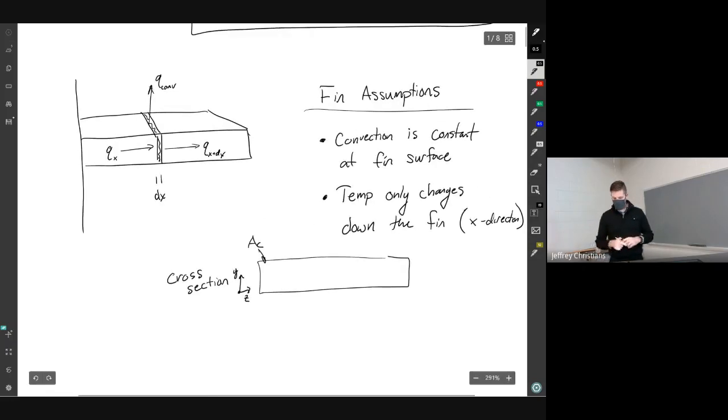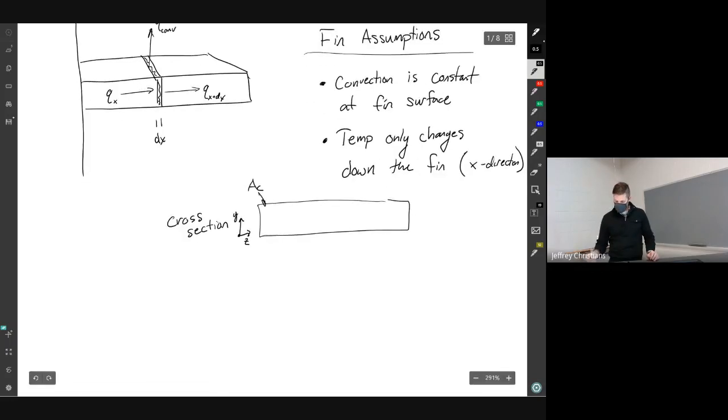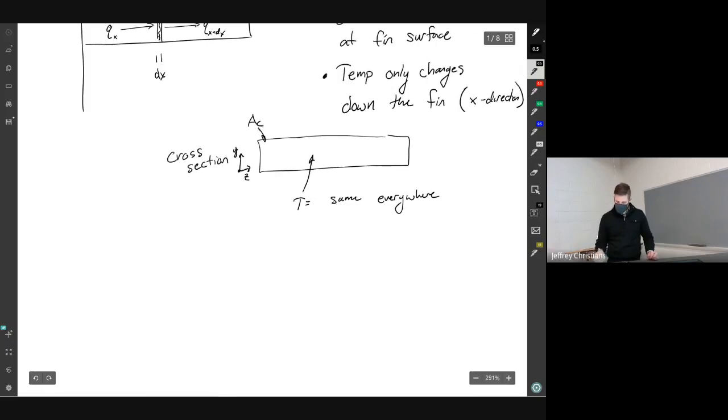So this is a reasonable assumption as long as our fin is thin. So this is the thin fin assumption.